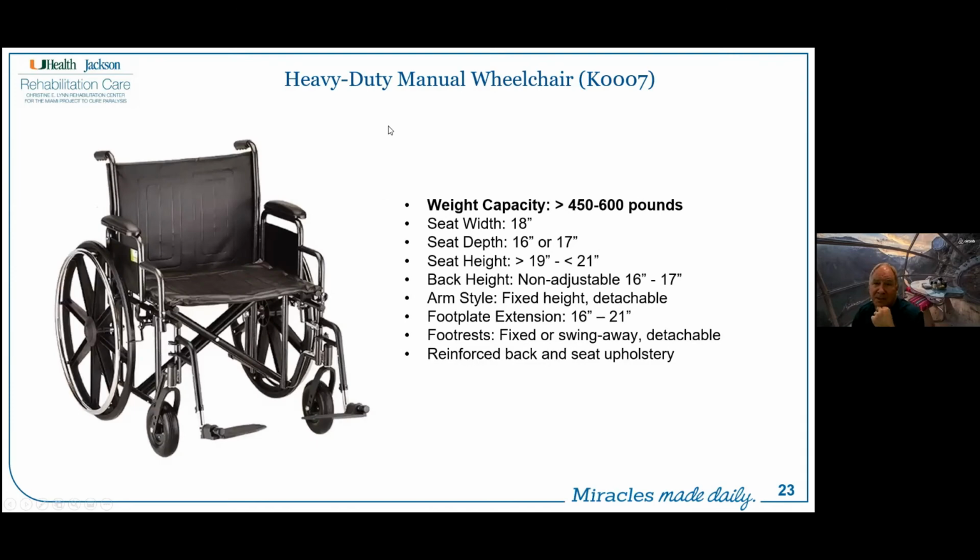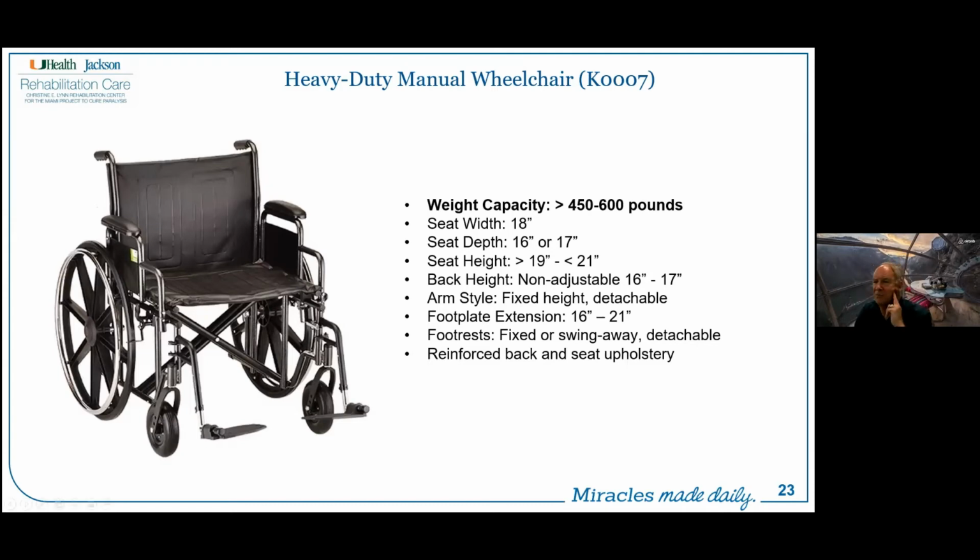The other option is the heavy duty manual wheelchair, the K07, for those individuals 450 to 600 pounds. Again, you know, we're just going to have to make the case. If I've got somebody that large who is motivated, then I still want to go with an ultralight wheelchair. And actually, the titanium frames are going to last better than the frames on these.